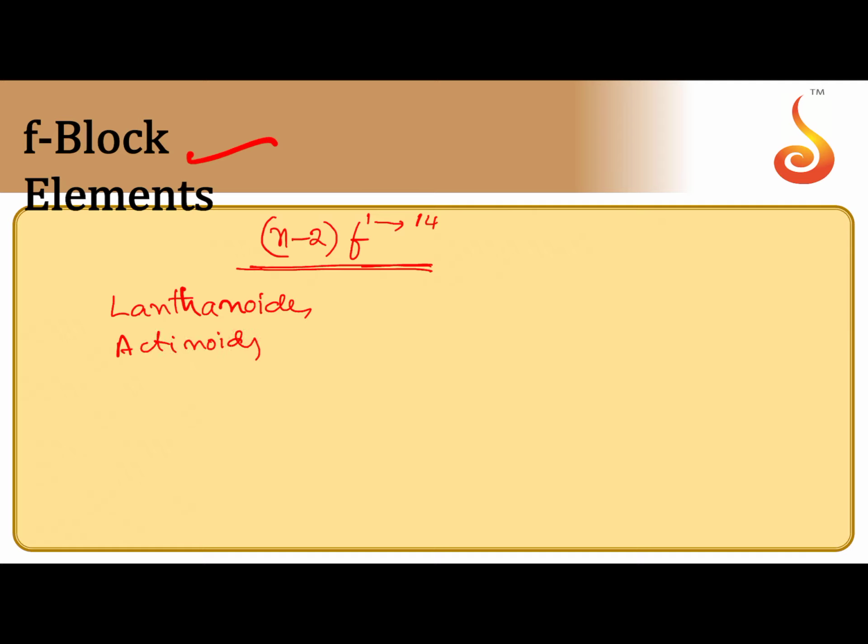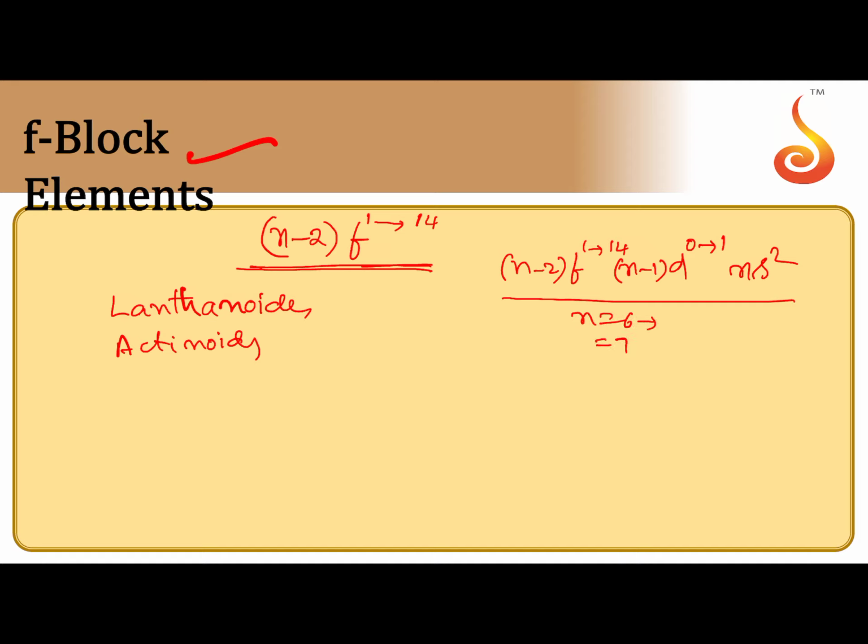The general electronic configuration of F block elements is (n-2)f 1 to 14, (n-1)d 0 to 1, ns2. Here n may be 6 or 7.